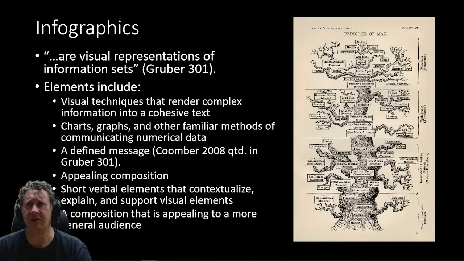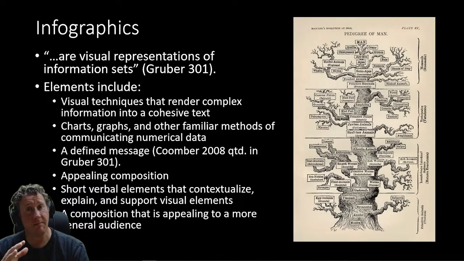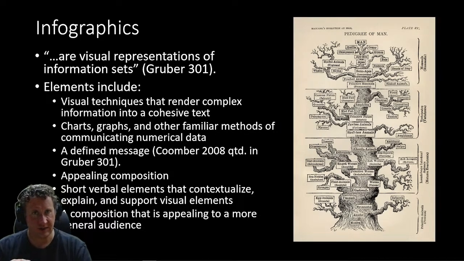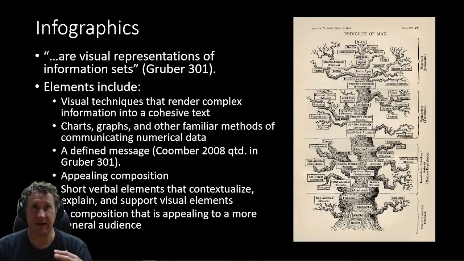There are a number of different reasons to be creating infographics, but they all kind of come from the same building blocks. These are visual techniques for complex information. Just like any sort of good graph and chart, it's taking complicated information and turning it into something that's much easier to read and digest.